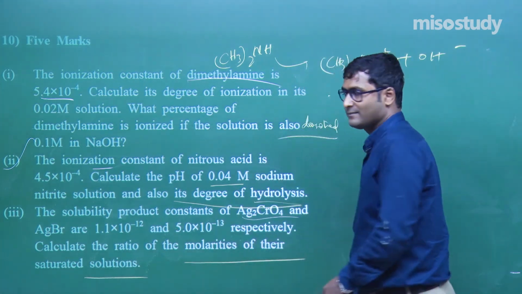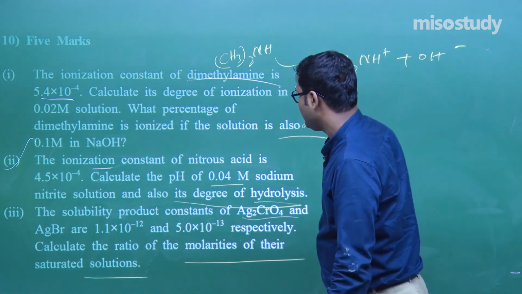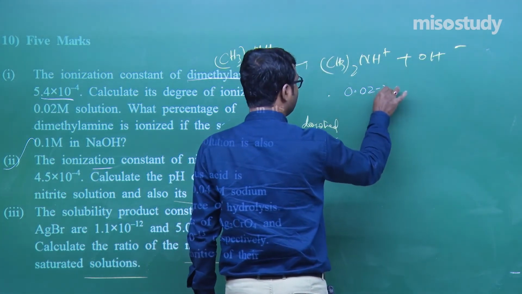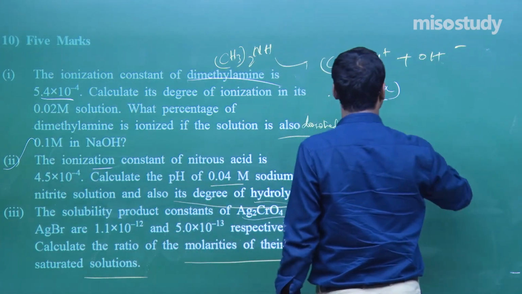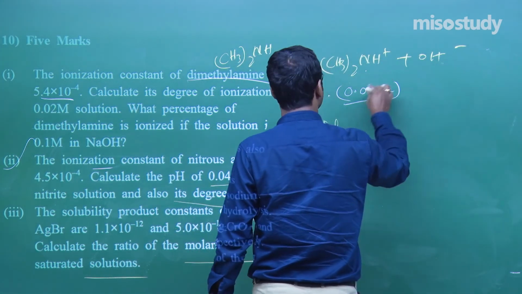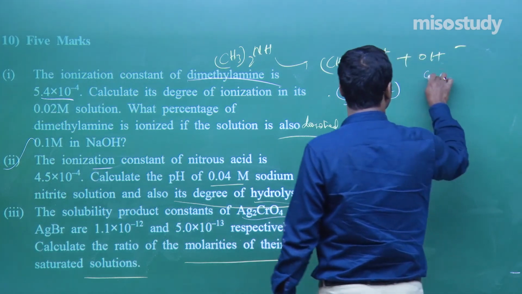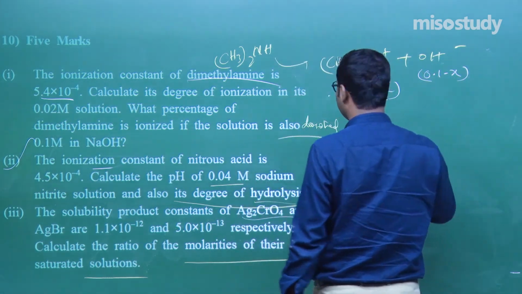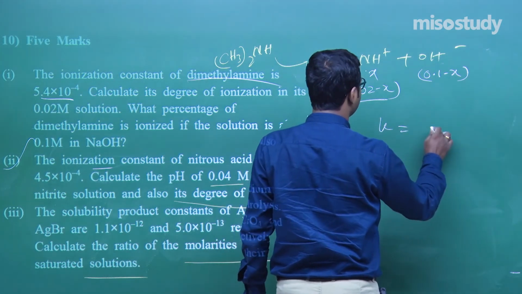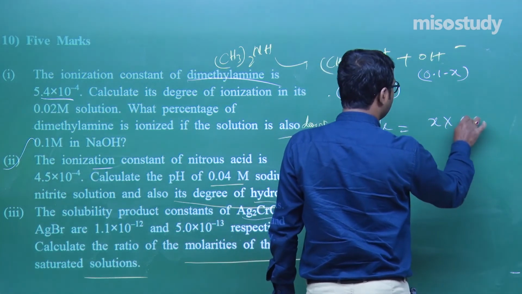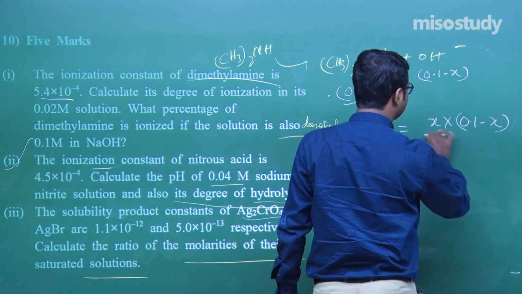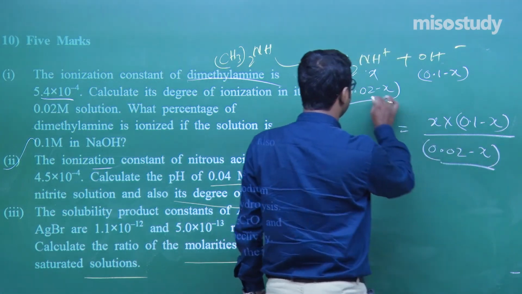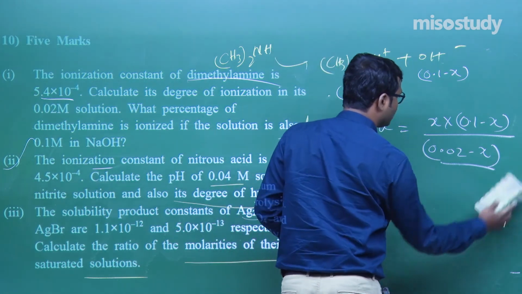The concentration is 0.02, so at equilibrium it is 0.02 minus X, and here 0.1 minus X, and this one is X. And what is K? K is equal to X into (0.1 minus X) divided by (0.02 minus X), that is a very small quantity.